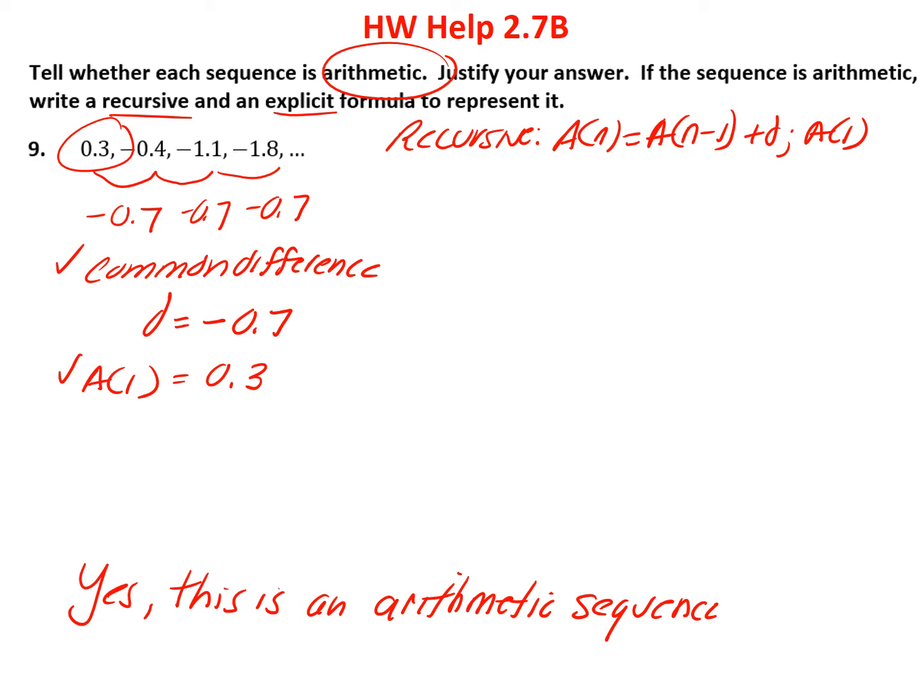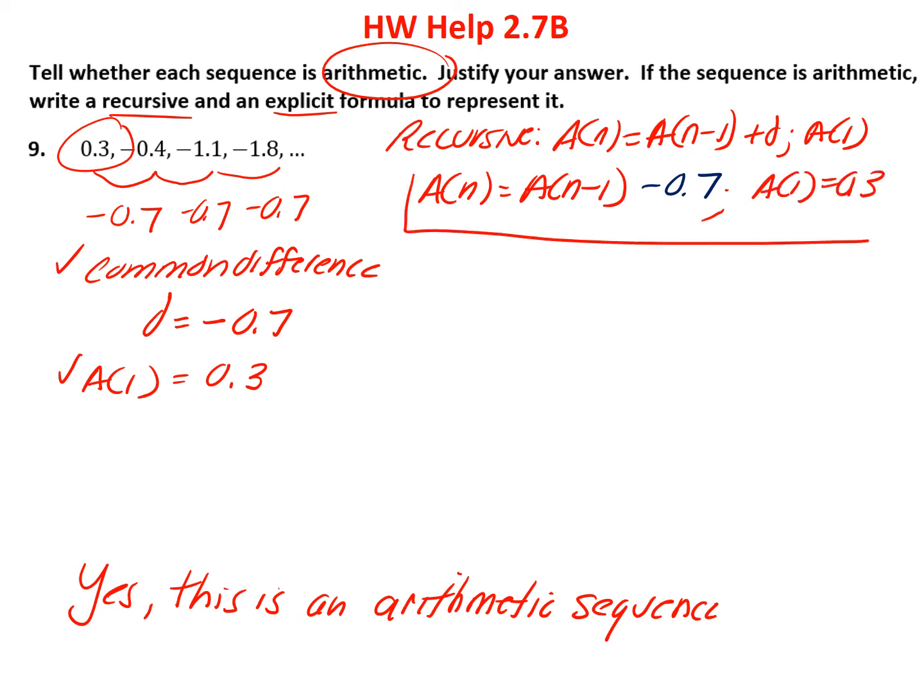So to write my answer, it's going to be a_n equals a_(n-1). Notice nothing changes there. And now I'm simply going to add my minus 0.7. And then we're going to state that a_1 starts at 0.3. So there's our answer for the recursive.